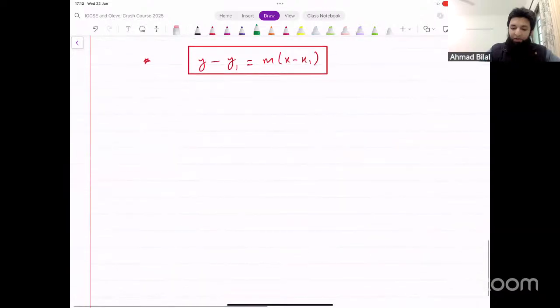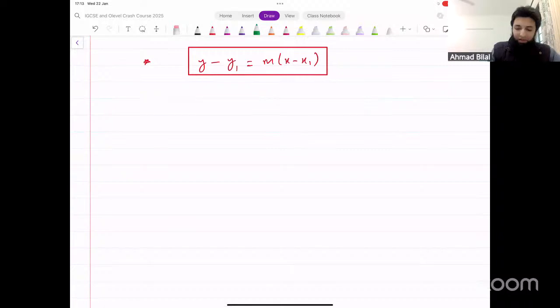Now in this form, we need two things. One is still the gradient. m represents the gradient, so in order to use this form, you need the gradient. But now y1 and x1 basically represent the coordinates of any point on the line.